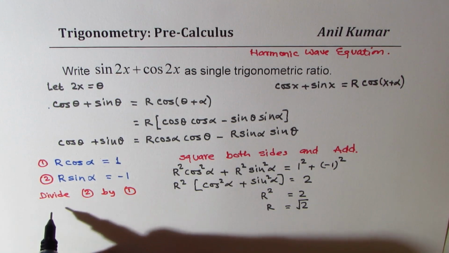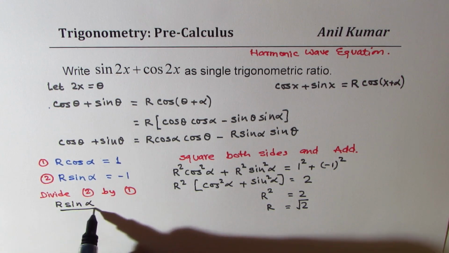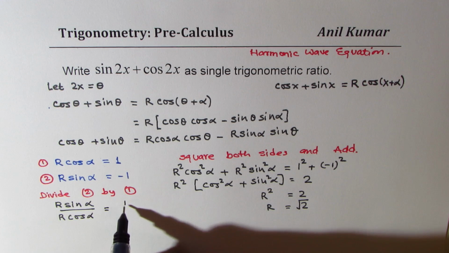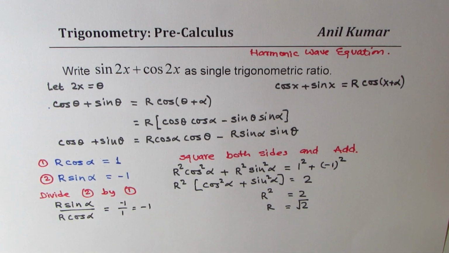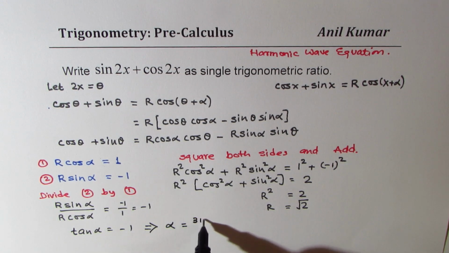So what we get here is r sin alpha over r cos alpha equals minus 1 over 1, which is minus 1. Now that is tan alpha. The r's cancel. So we have tan alpha equals minus 1, and that implies that alpha equals tan inverse of minus 1, which is 3 pi by 4.